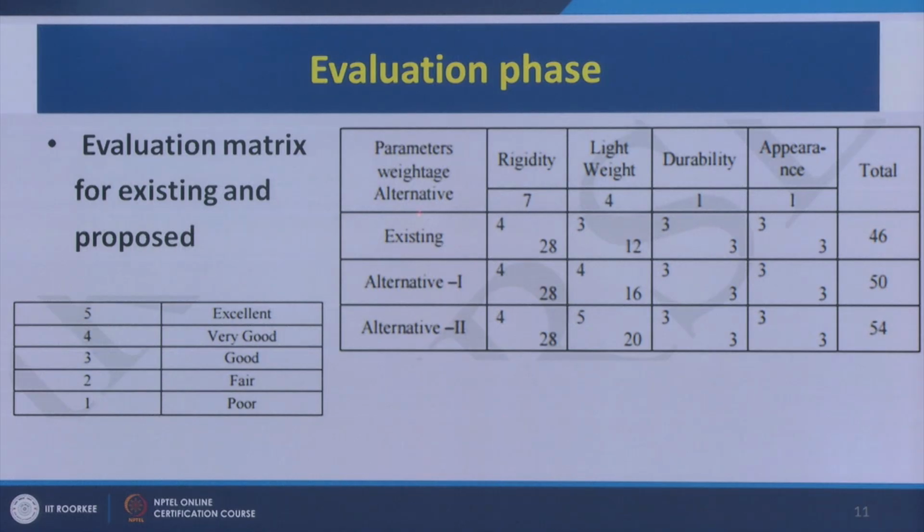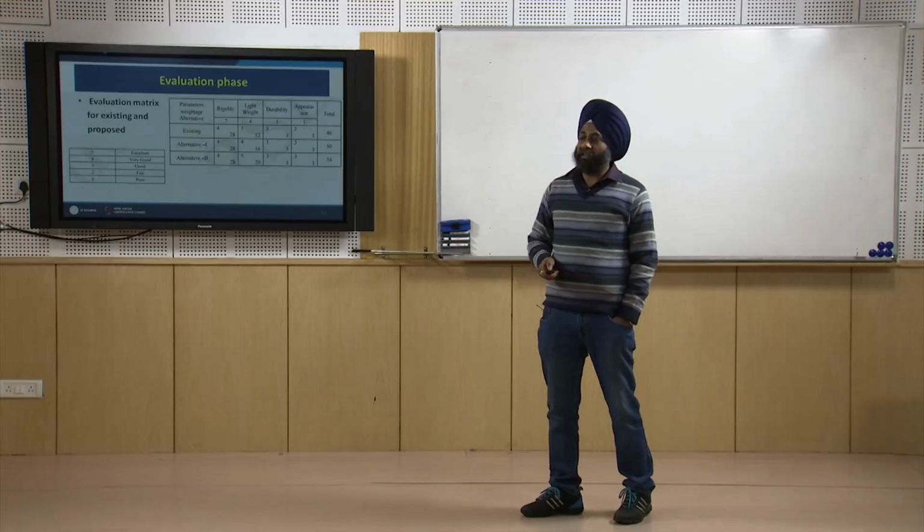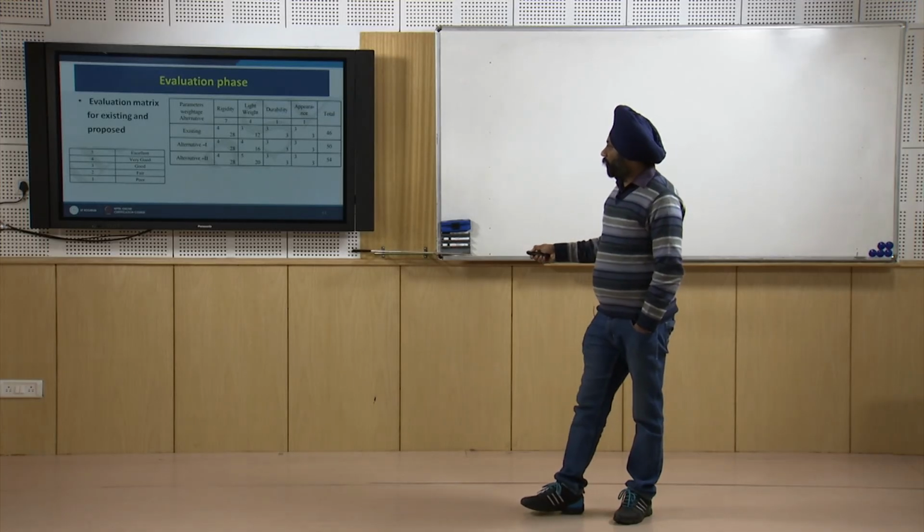So we multiply the weightage factor, which we have already calculated as 7, by 4 and we get a score of 28 on rigidity for the existing design. For the modified design with the change in the pipe, we again get 28. For the reduced thickness of the board, again we get 28. So for all three designs, from a rigidity point of view, there is no change and the score is 28 only.